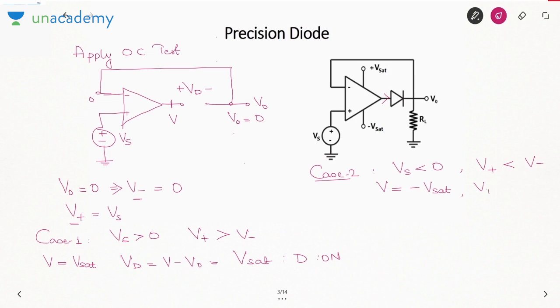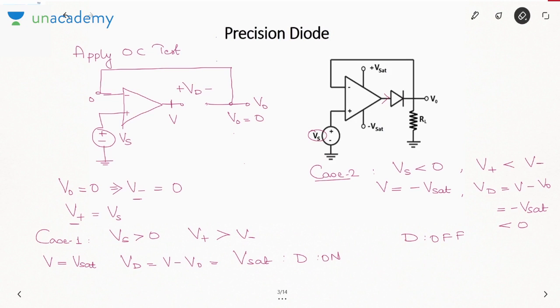So the diode voltage, which is V minus V naught, will be minus V sat. The diode voltage is negative, so the diode will be off. So what I have observed is that this circuit is behaving like a diode: for positive input the diode is on, and for negative input the diode is off.